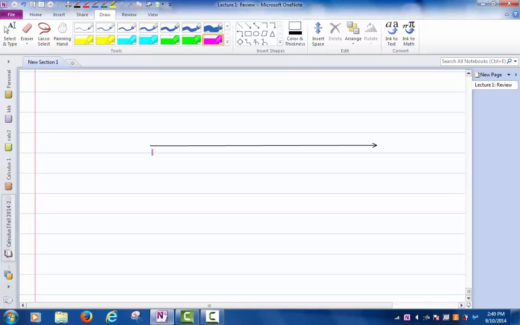So this is the terminal side, and this is the initial side, and that's the tail here. And then you made one complete revolution like this, okay? And we take that one complete revolution to be 360 degrees. Okay? 360 degrees means that.